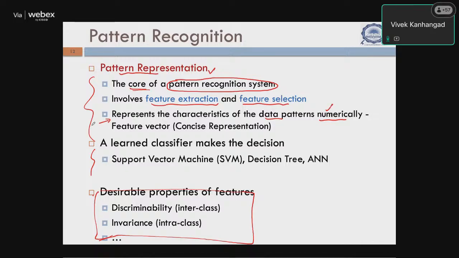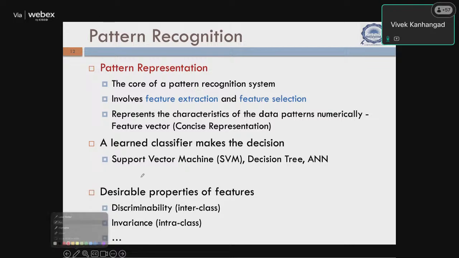And once you have that feature vector, you can train a classifier to make the decision. You can use the conventional support vector machine, decision tree, artificial neural network, and so on, based classifiers, to perform the final classification and predict the class. So recognition is basically a classification problem at that stage.